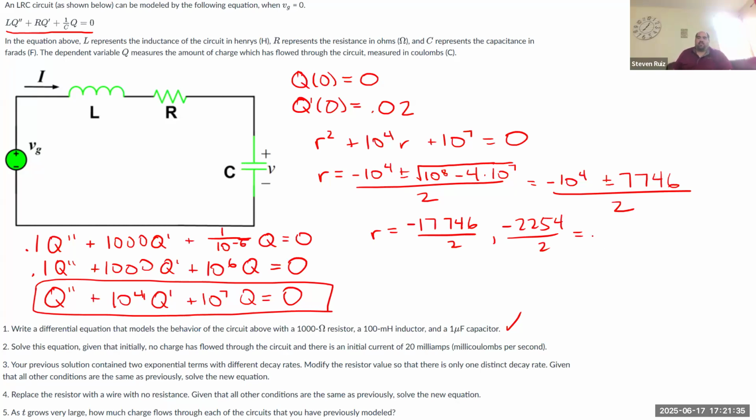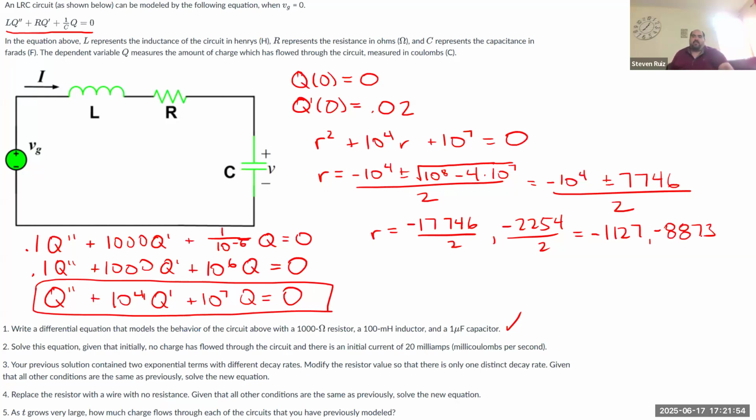One of my values is going to be negative 1,127. Another one is 17,746 divided by 2, which is negative 8,873. So these are my two values of r.